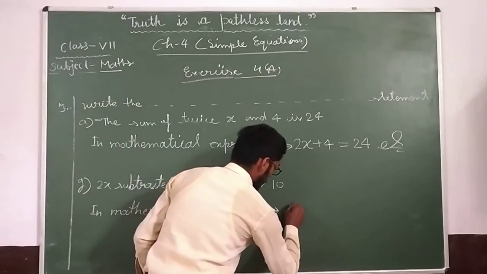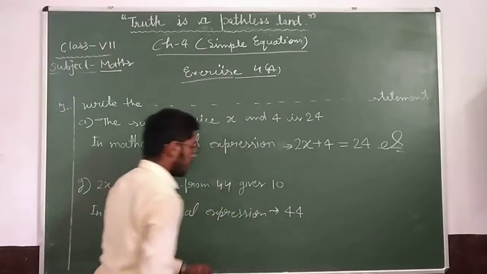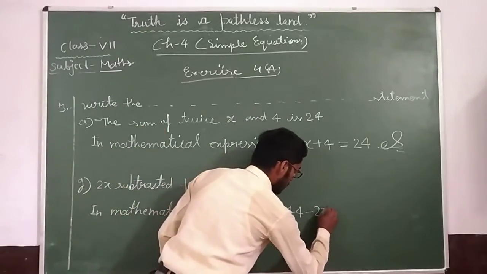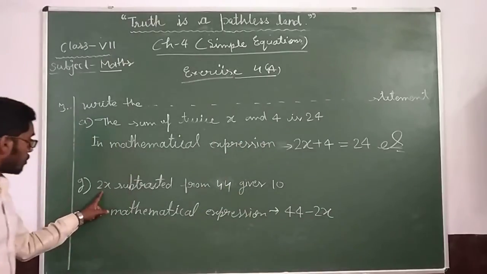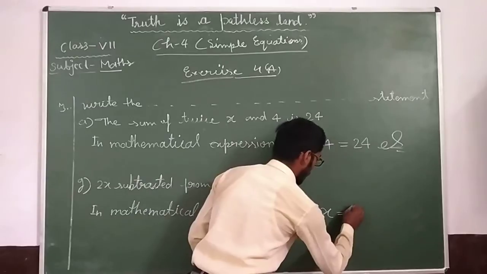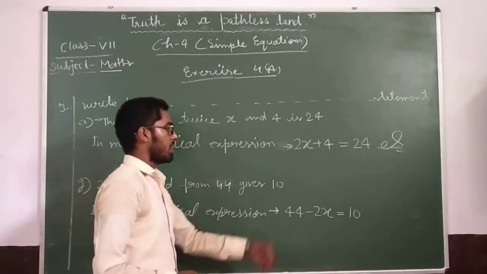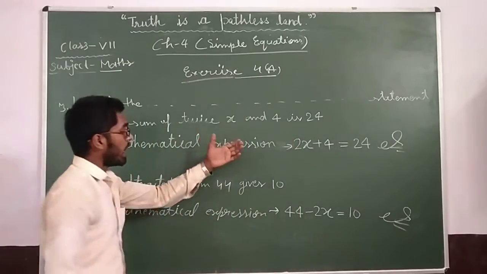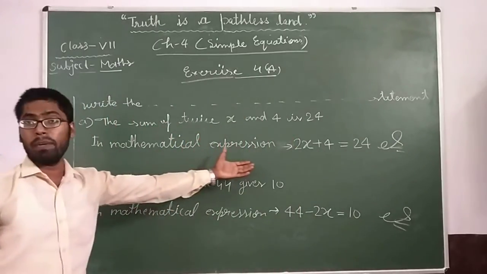See here, first write 44, and what are you subtracting? 2x. You are subtracting 2x. Then 2x subtracted from 44 gives, means equal to, 10. Gives 10. That is your answer. So have you understood how to write your statement in a mathematical expression?